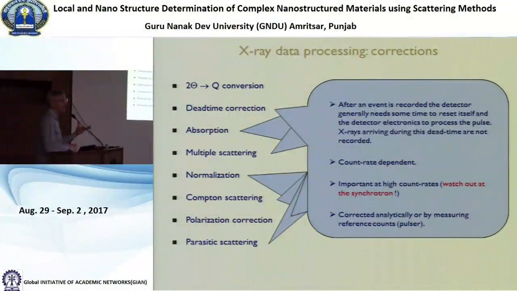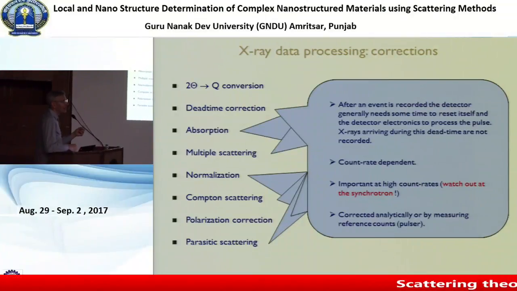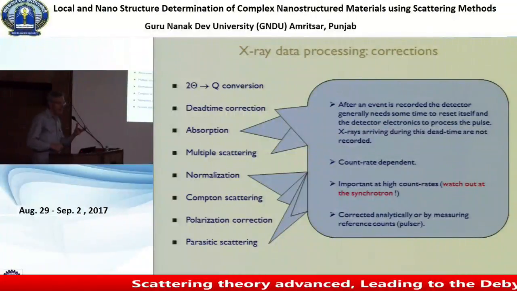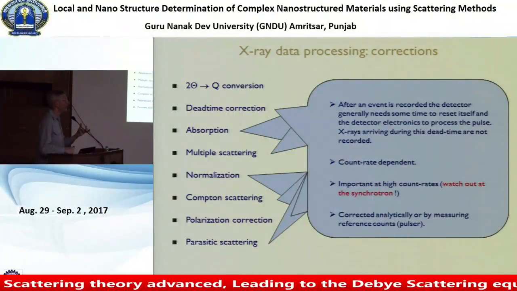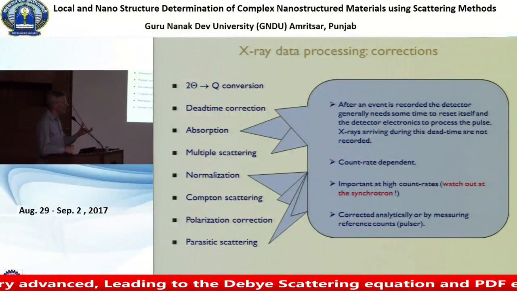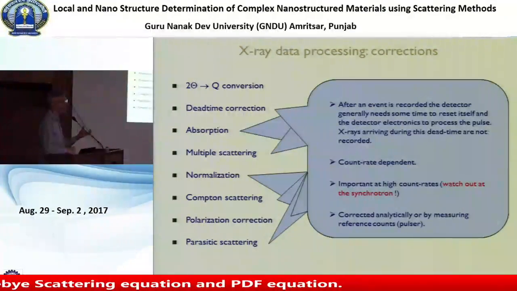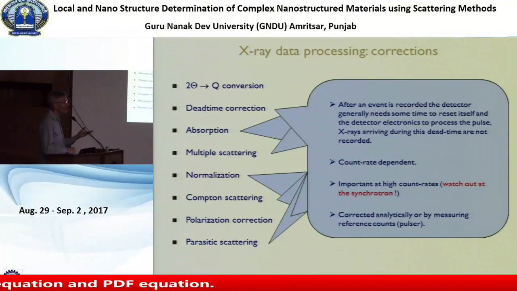That process all takes some time. It's rapid, it takes microseconds, but it does take microseconds, and during that period your detector is dead. So if another photon arrives during that period, that photon won't be counted, and that will affect the measured intensity.